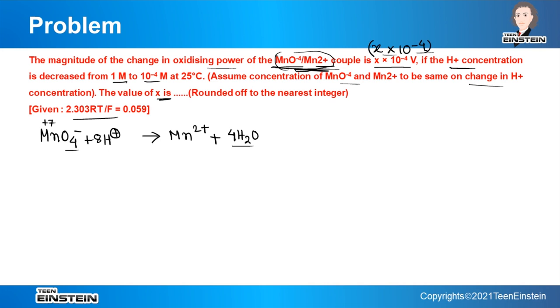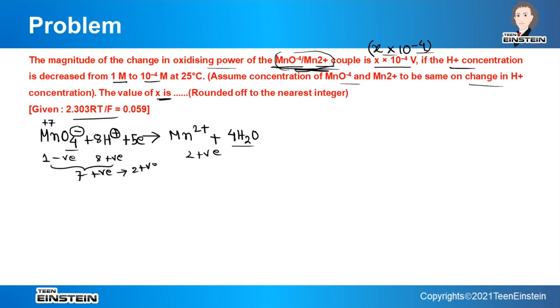Okay. Next thing what we will do, in the left hand side, if you consider the charge, there is 1 negative charge and 8 positive charge. That means it is 7 positive charge. But in the right hand side, you have only 2 positive charge. So you have to make it both sides same. So that is why we will add here 5 electrons, so that this 7 positive charge is now converted to 2 positive charge.